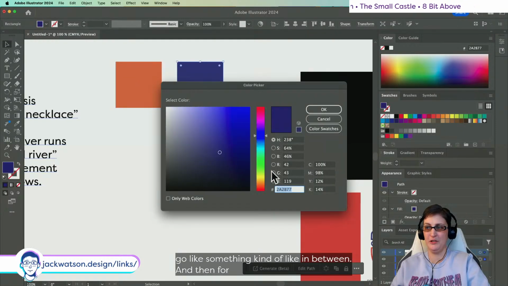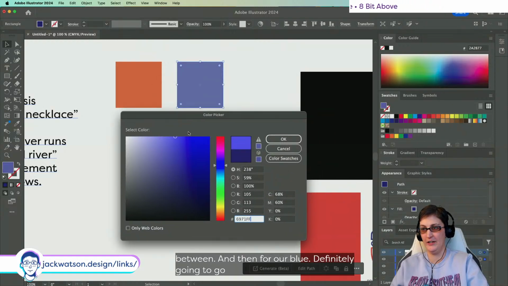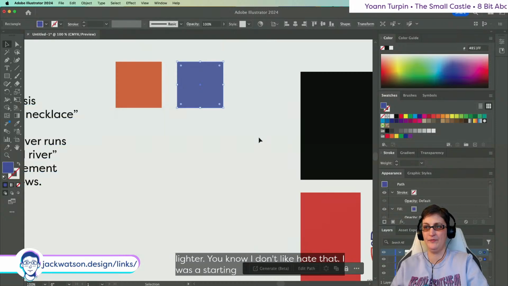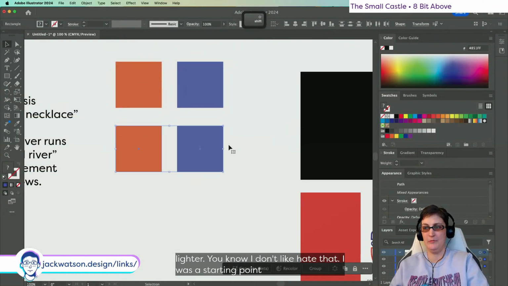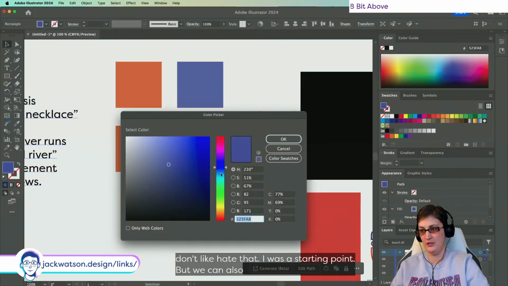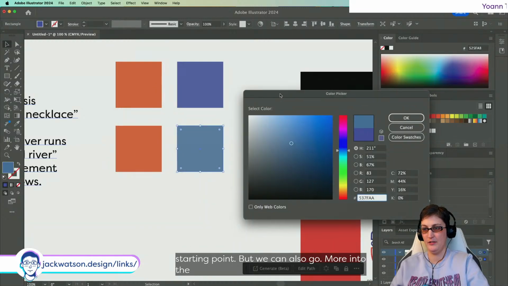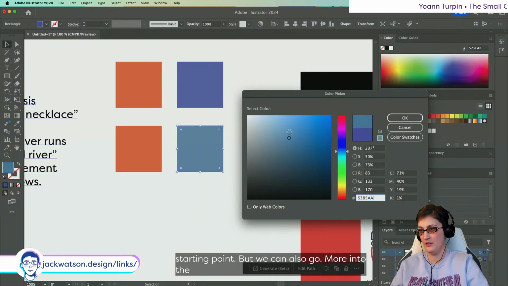And then for our blue, definitely gonna go lighter. You know, I don't hate that as a starting point. But we could also go more into these colors.